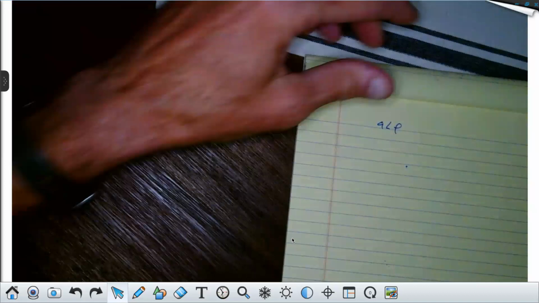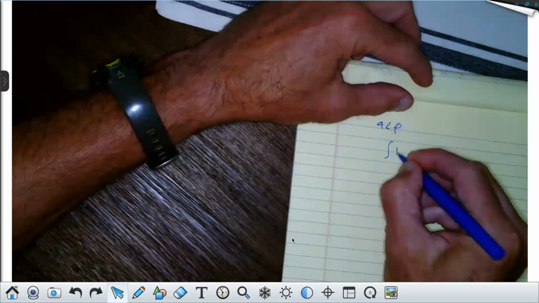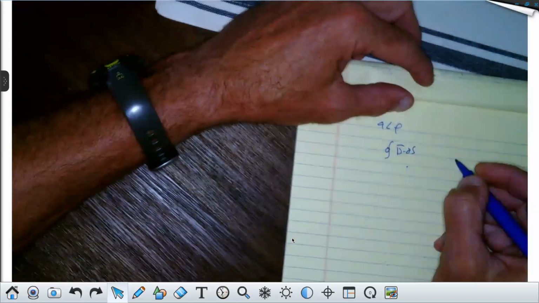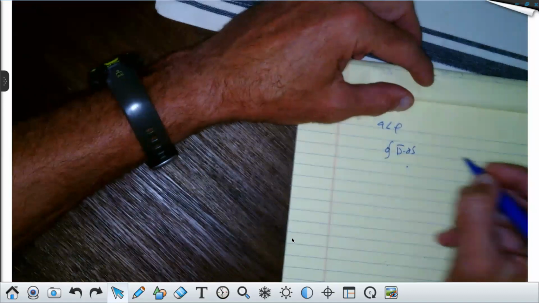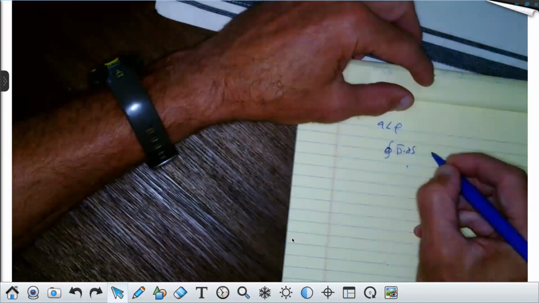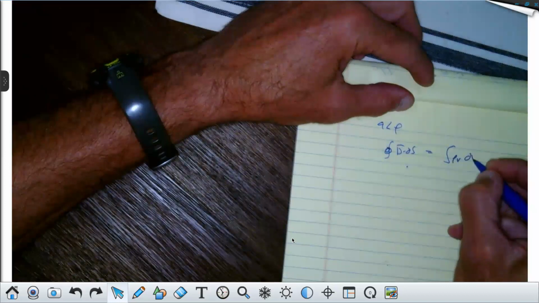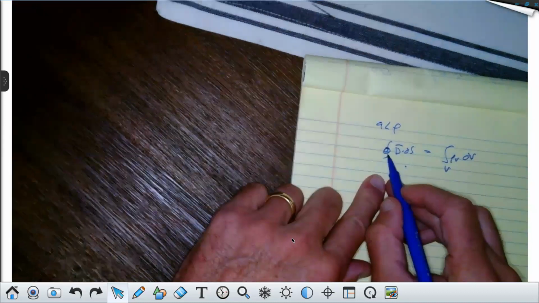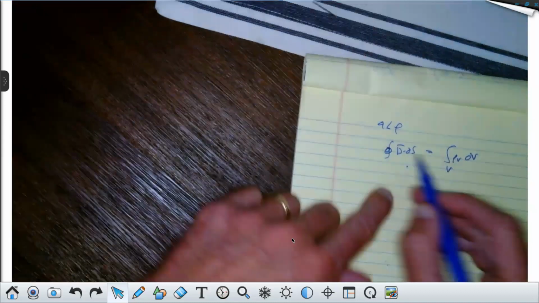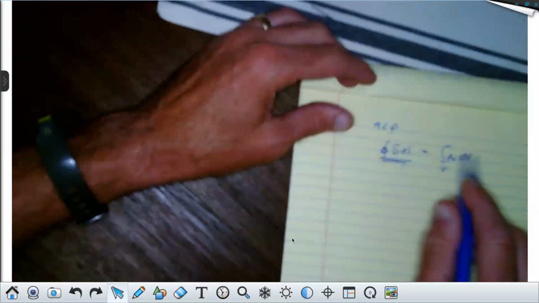I'm going to have the integral of d dot ds over the closed surface, which is equal to the integral of, in this case, rho v dv over the volume. This means a closed surface. But I already know what this is, don't I? The integral of d dot ds is going to be the same always, right?